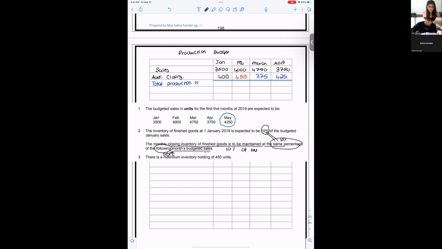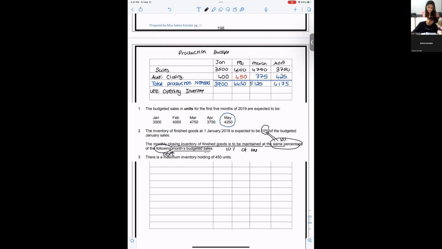What is your total production needed? Revenue minus what? Revenue minus closing inventory, then minus opening inventory.